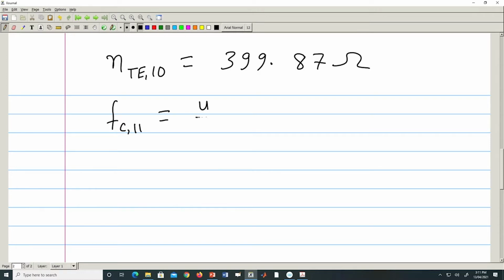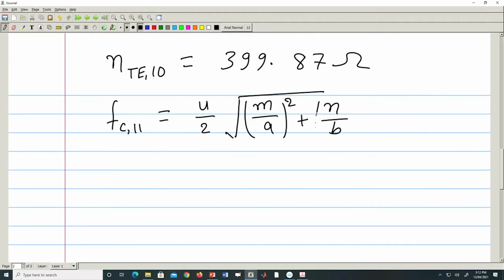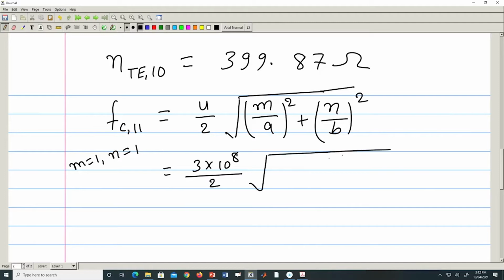Here m equal to 1, n equal to 1, and it will be 3 into 10 to the power 8 by 2 into the square root of (1 by a, where a is 2.5 into 10 to the power minus 2) whole square plus (1 by 1 into 10 to the power minus 2) whole square. So, from this we will get the cutoff frequency for the TM11 mode.